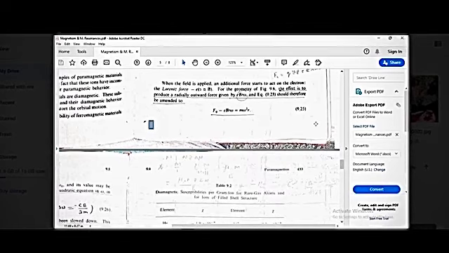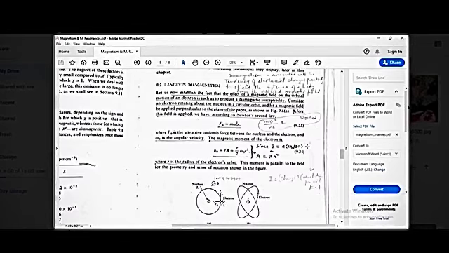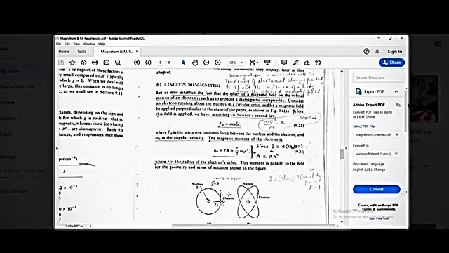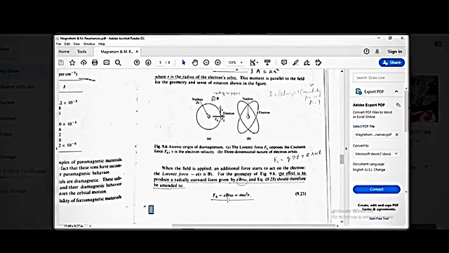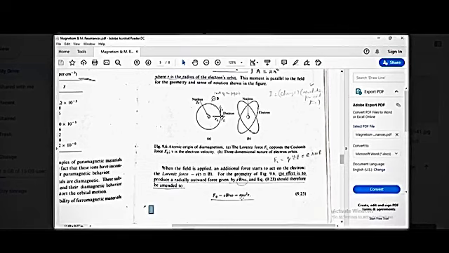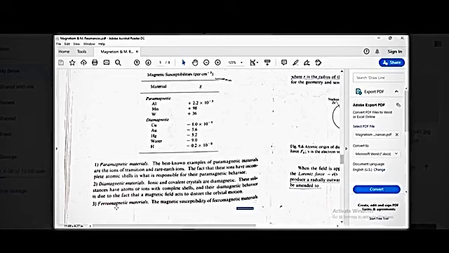This is the quadratic equation: F naught minus EB into R omega is equal to m omega square R. Now this quadratic equation in omega is being solved mathematically.